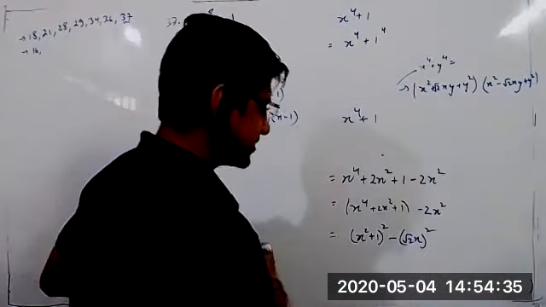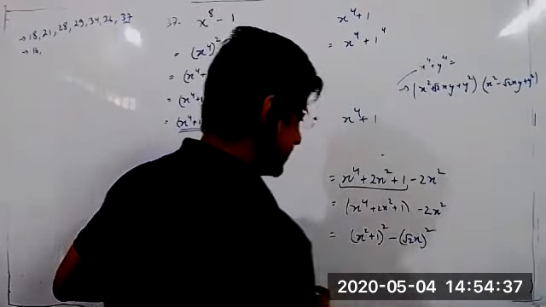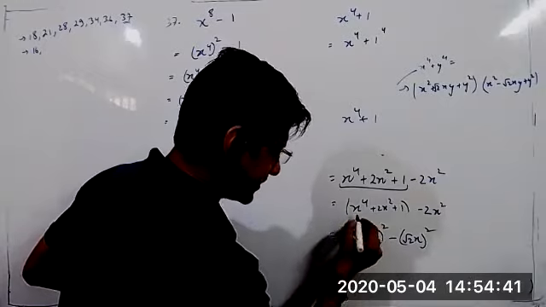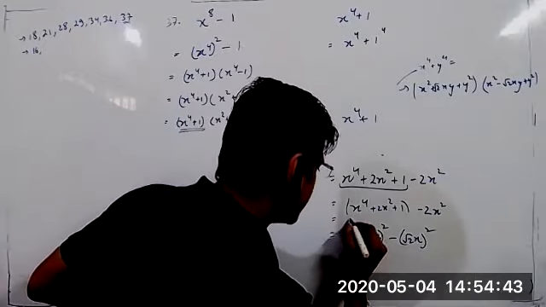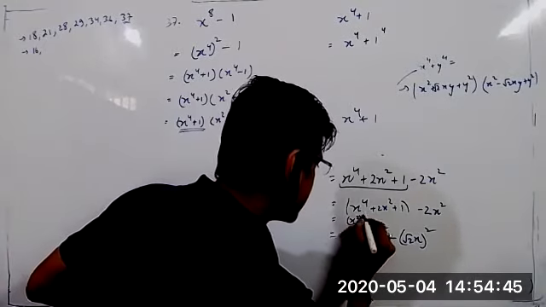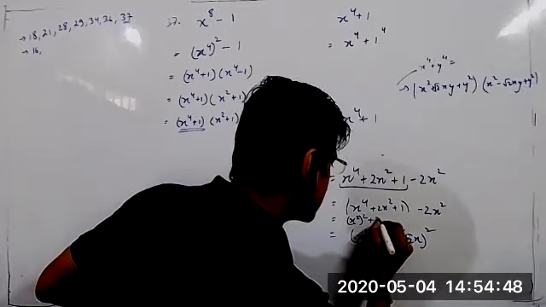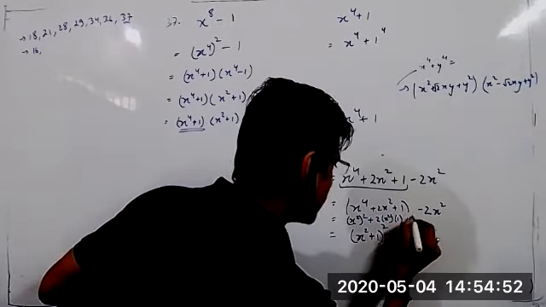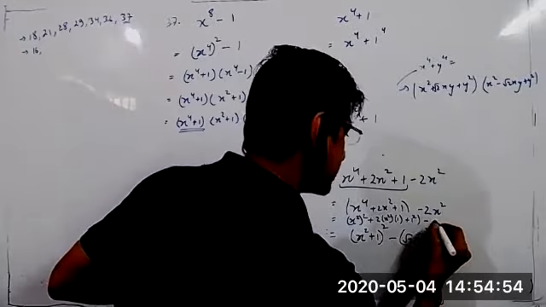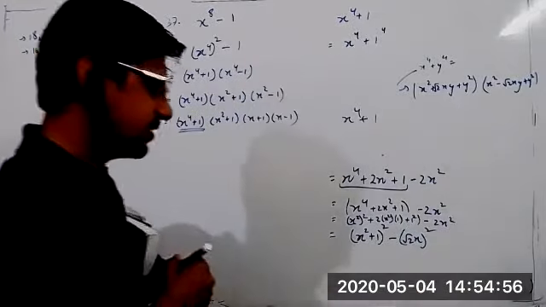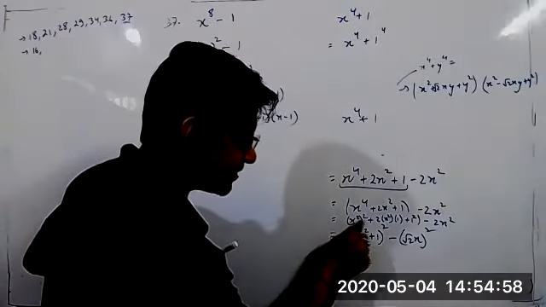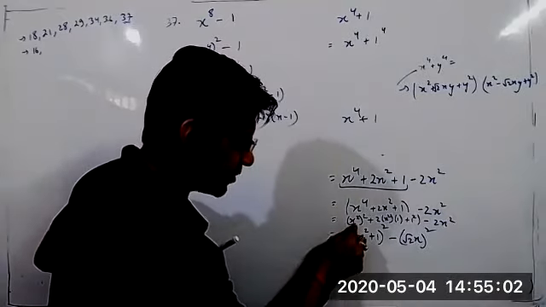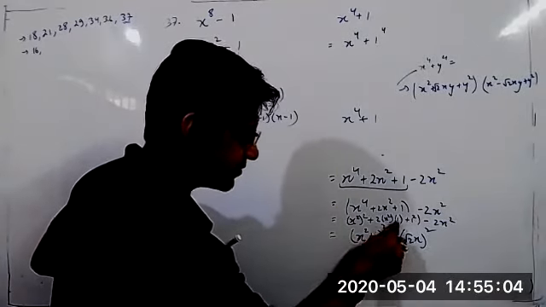Now this combination, can you write it as a square plus 2 into x square into 1 plus 1 square, minus 2x square? So this is a square plus 2ab plus b square. So a is x square, b is 1.